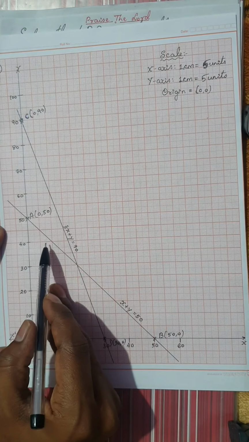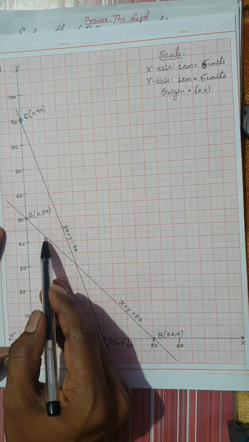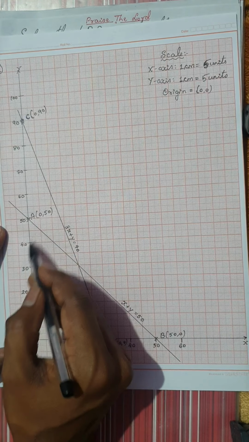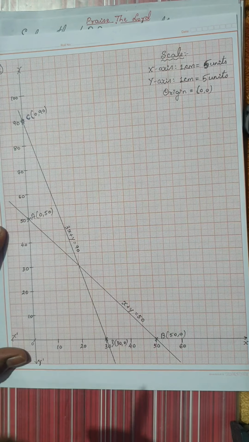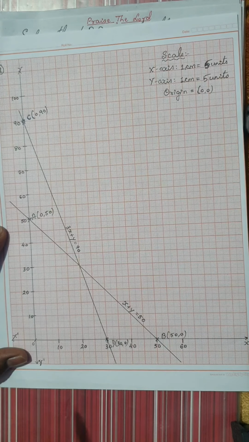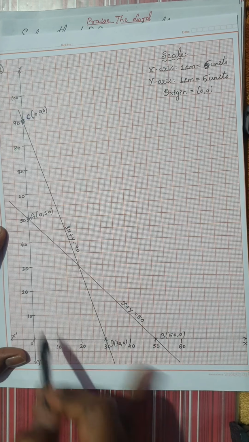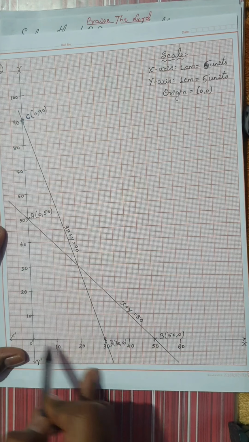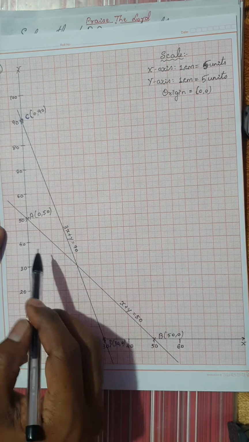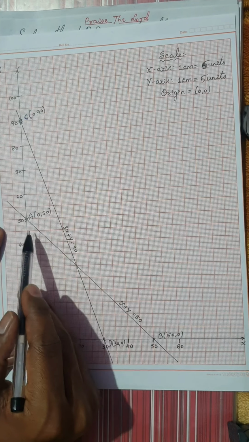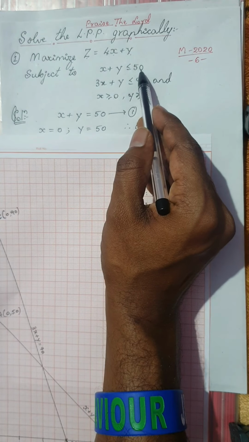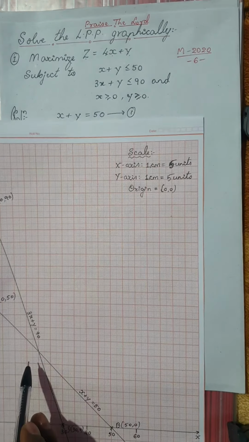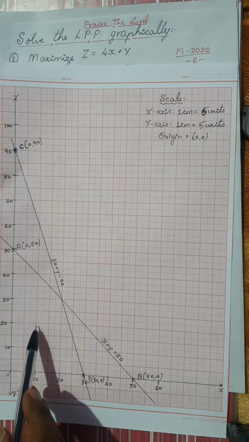So the region below this line or the left hand side of this line gives me these 2 regions. Is it clear? And please be careful, because of the non-negativity condition, your feasible region would definitely be in the first quadrant itself. So I have to make the common region below this line, because it is x plus y less than or equal to 50. That means I have to plot either here or here.